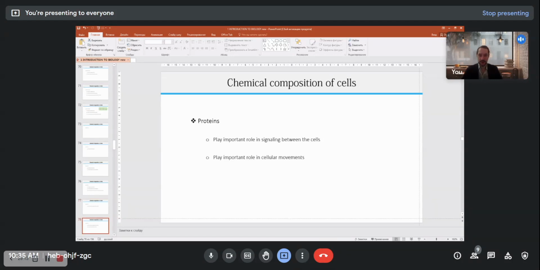Also, proteins play an important role in cellular movements. They play an important role in transport of substances across the plasma membrane. And in some unfavorable circumstances, I would say, proteins also can be used as a source of energy.